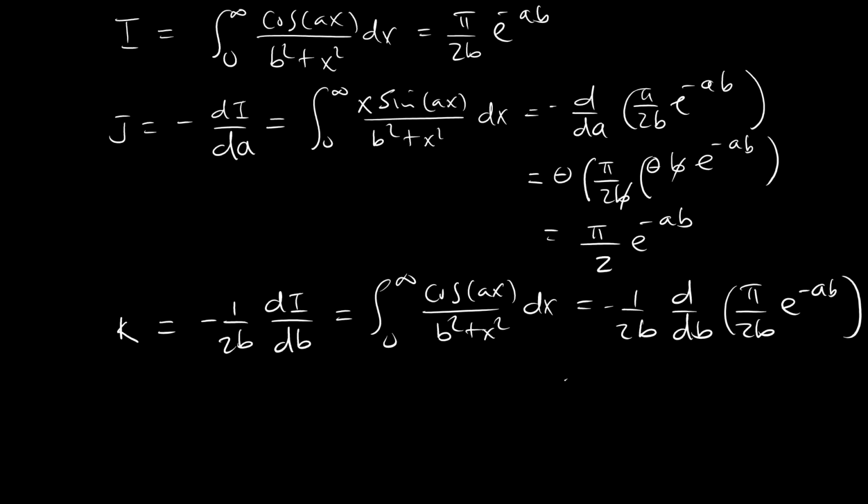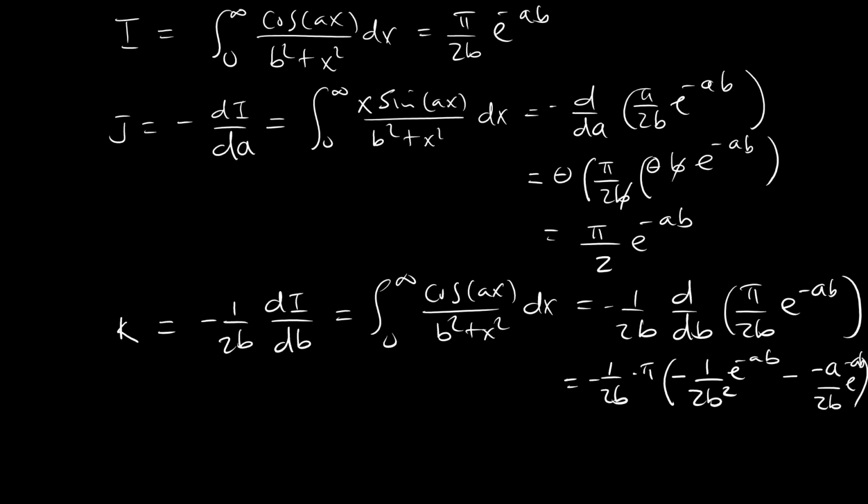So this is a product rule, so what we'll do is we'll pull the pi out and we have negative 1 over 2b squared e to the negative ab, and then we have negative a over 2b.